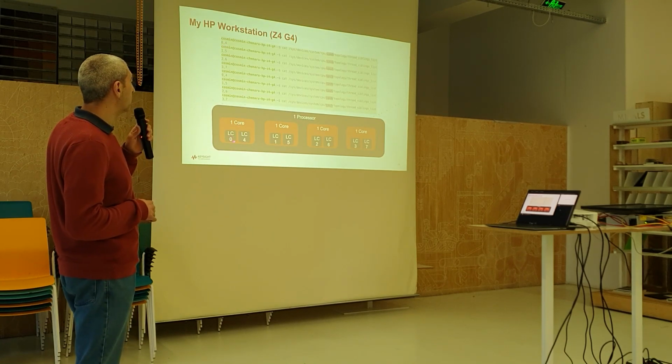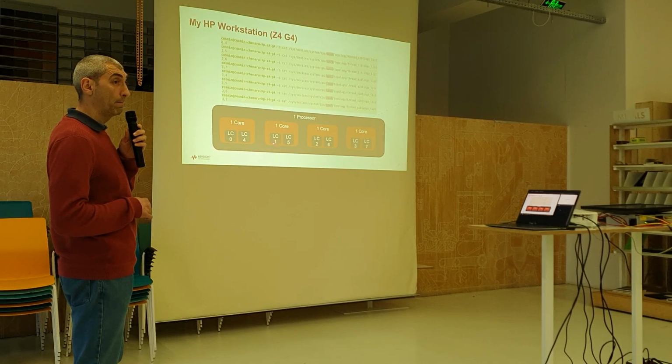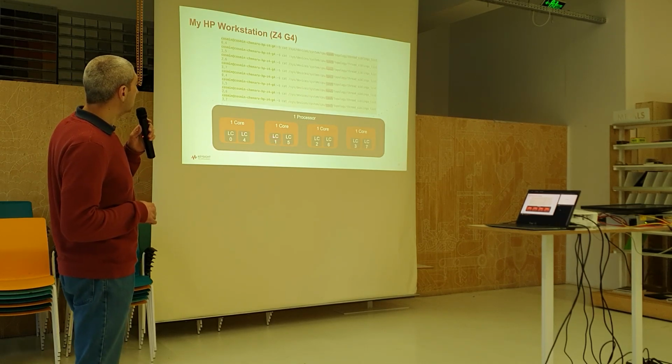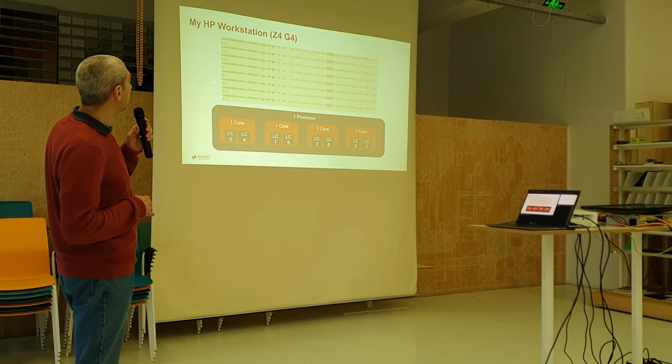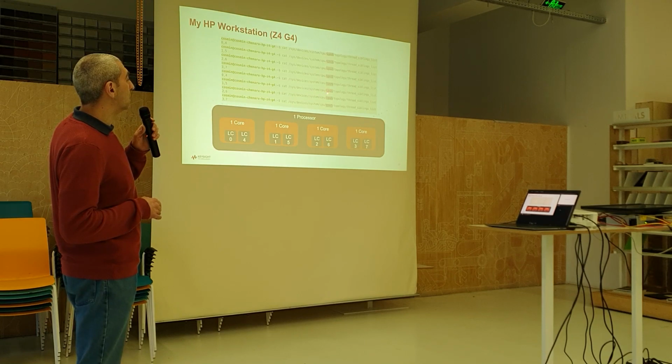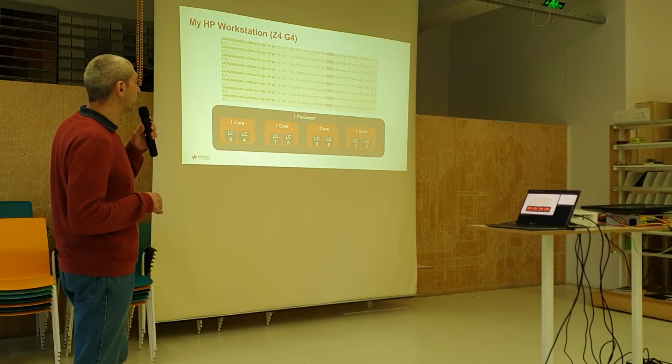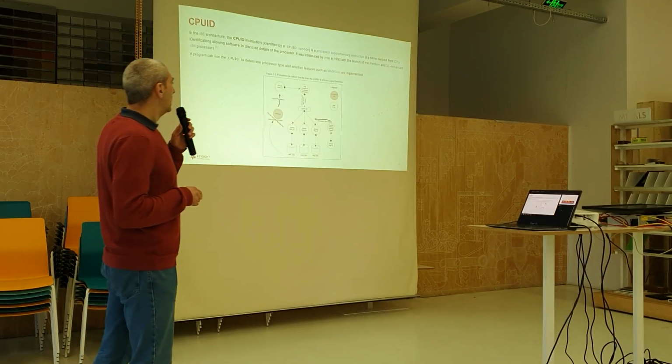So we have here 0 and 4. This is what you mean? Okay. And then processor 1 has the sibling of 5. We can see here. And then if we go at listing the CPU 5, we see that CPU 5's sibling is 1. So they are both siblings.